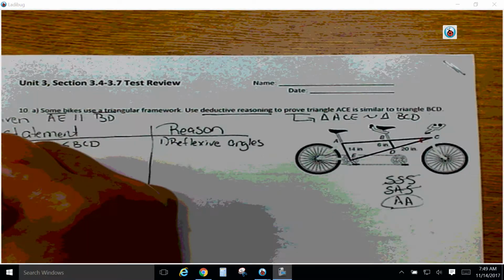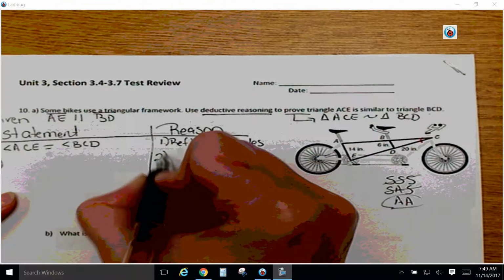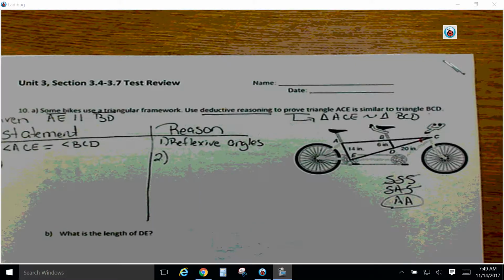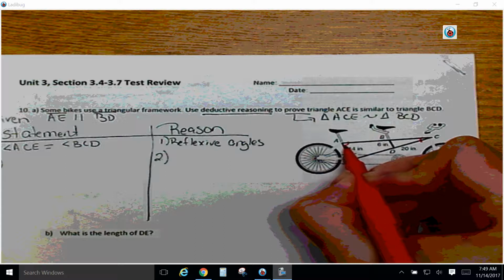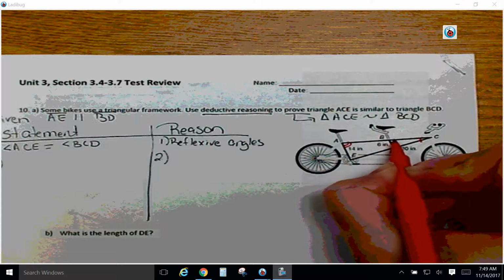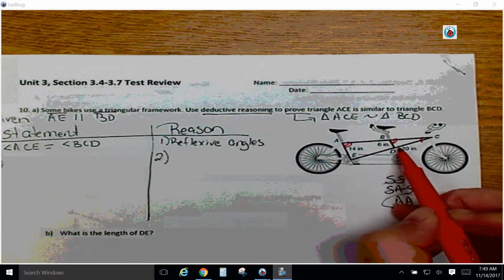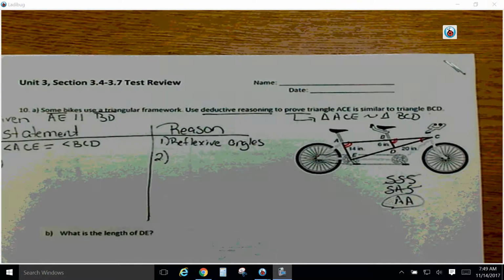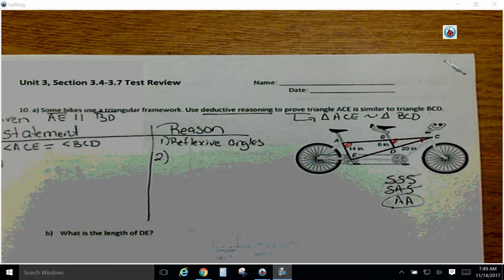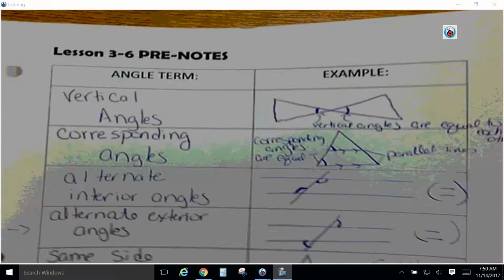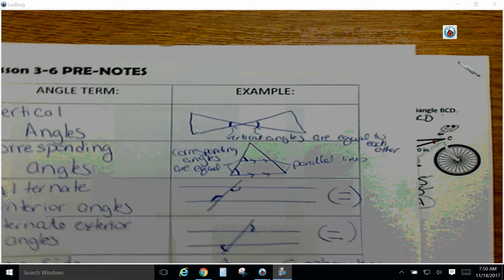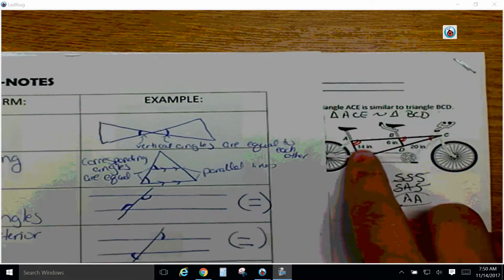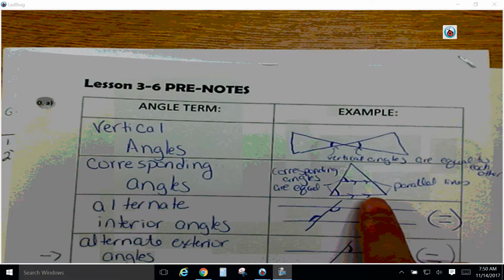Okay, so then I need to find another angle that's similar. Well, I would need, let's say, angle A to be equal to angle B, or I would need angle E to be equal to angle D. But I'm going to go with A and B because that's just the one I chose. So I'm going to look at some information I have over here to see what kind of angles those would be. I can see that this is on the top of that line and this one's on the top of that line, so they are corresponding angles.